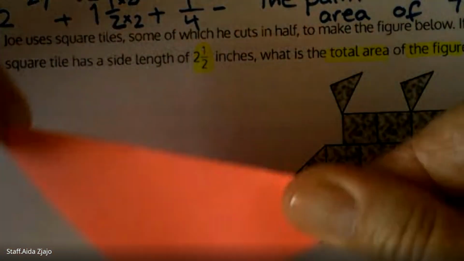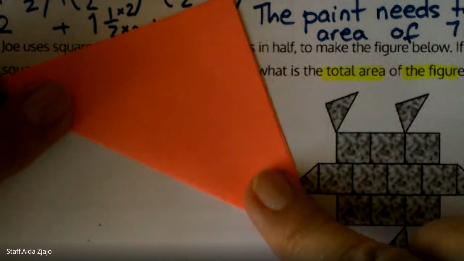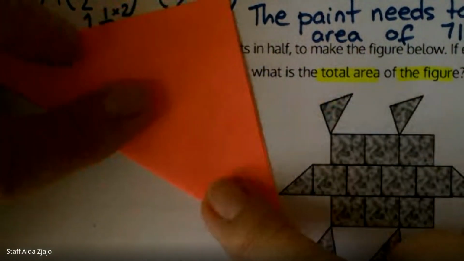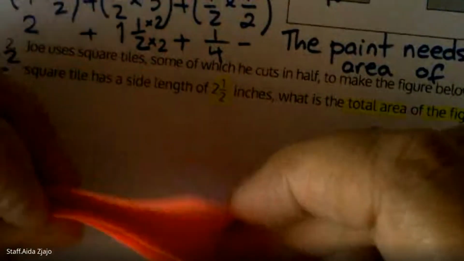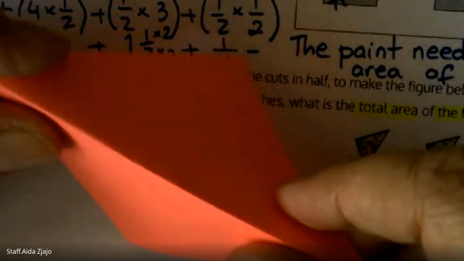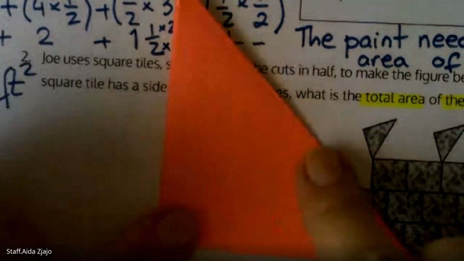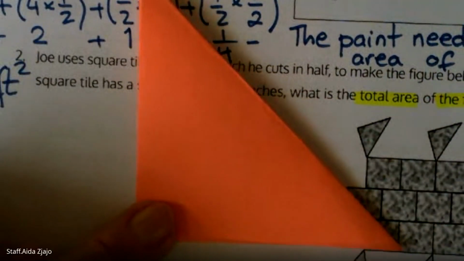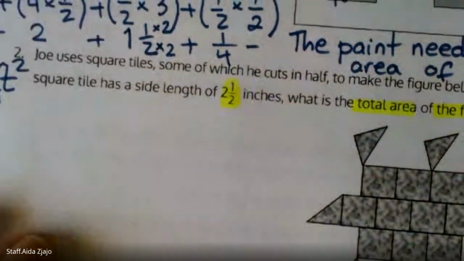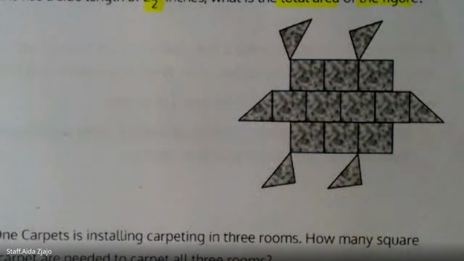If you cut it in half and you want to find the area of this triangle, you actually need to find the area of the square and then divide by 2, and you will have the area of the triangle. So that's one way. The other way is that you can combine the halves to calculate how many wholes there would be.